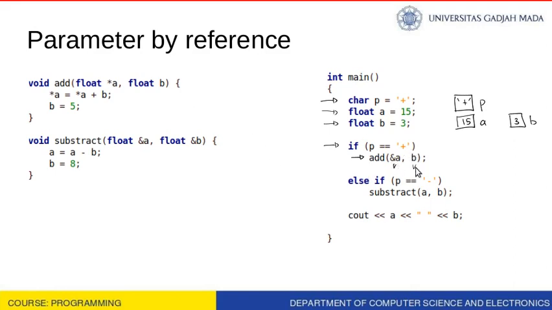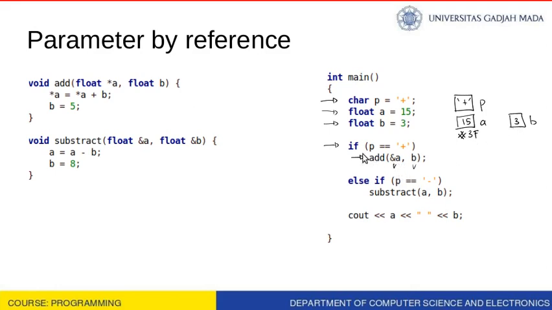So what will happen here? This means that you give the first parameter the address of variable A. What is the address of variable A? Suppose I just give 3f.